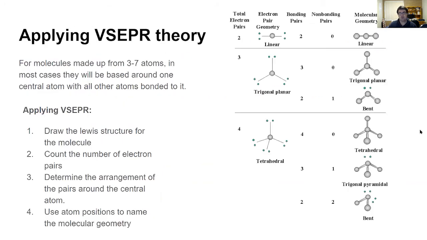So, when it comes to applying valence shell electron pair repulsion theory, what you need to do is, one, draw the Lewis structure of the molecule, two, count up the number of electron pairs, and then from the number of electron pairs, determine the arrangement of atoms around the central atom of the molecule.